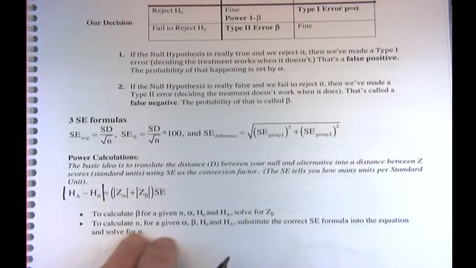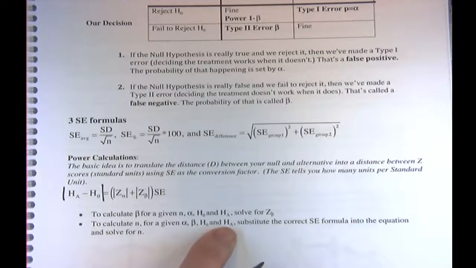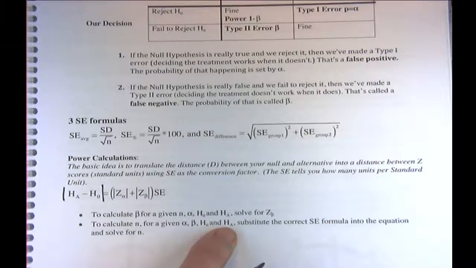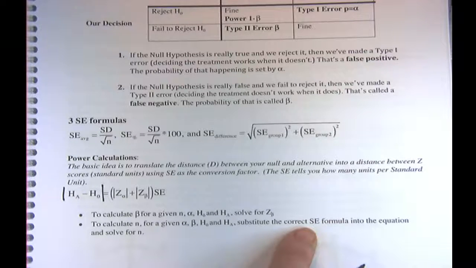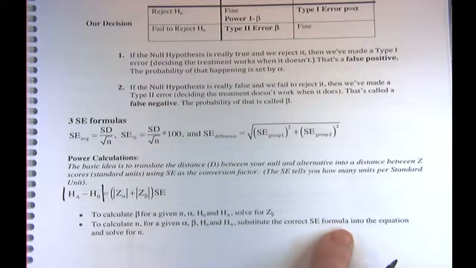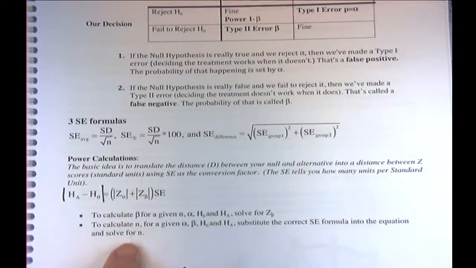But when we want to calculate n, we're going to have a given alpha. The conventional levels would be alpha equals 5%, beta would be 20% for a power of 80%, right? We want an 80% power. And then we'd have to pick a particular alternative. And then we substitute, we'll get the correct standard error, and we'll solve for n.